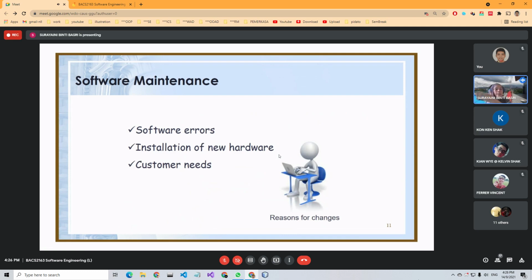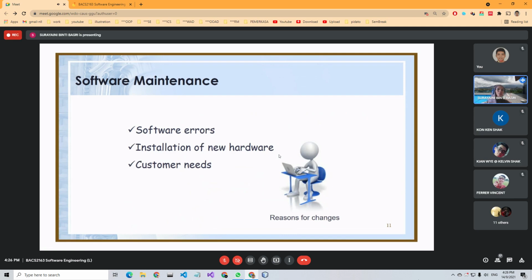The reason for the system to be changed, even though it is already on the client side, may be because there are errors or bugs that were not discovered previously in software testing. When it is used by real users for a long time, they discover those errors. Another reason is the installation of new hardware.